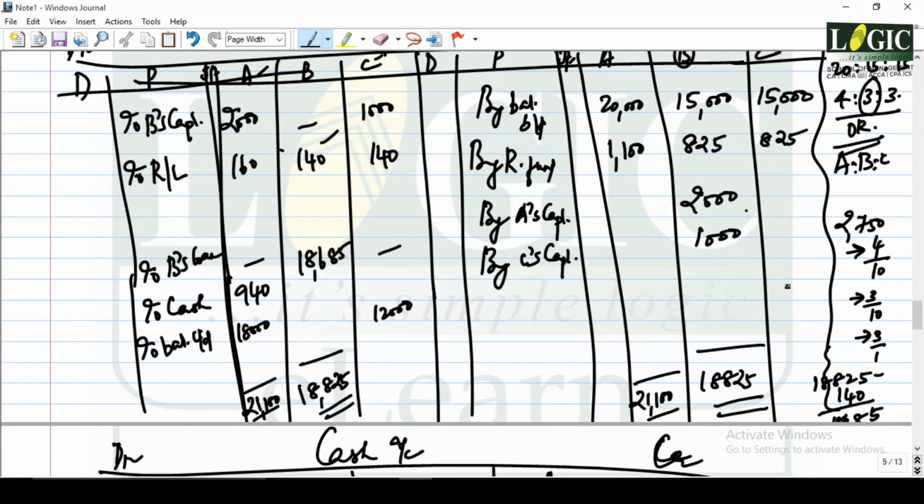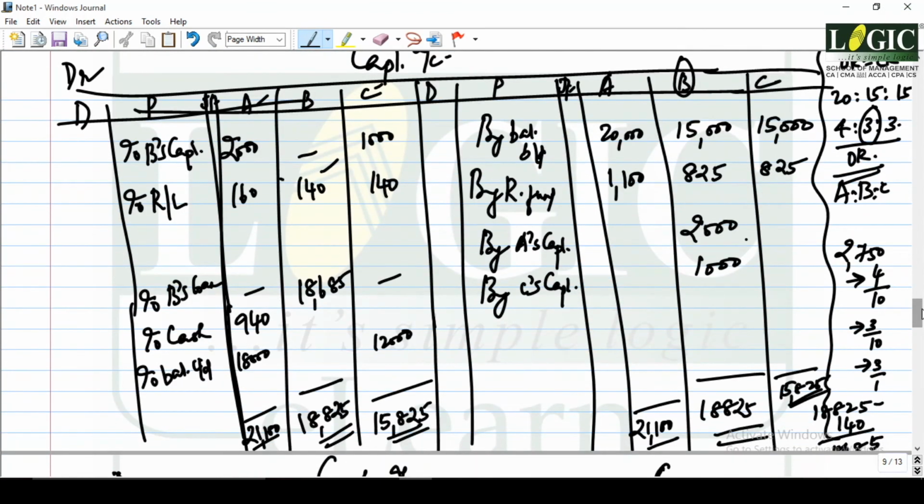This side is heavier, so heavier total on both sides. 15,825. Here also 15,825. What is the difference? You have 13,140.